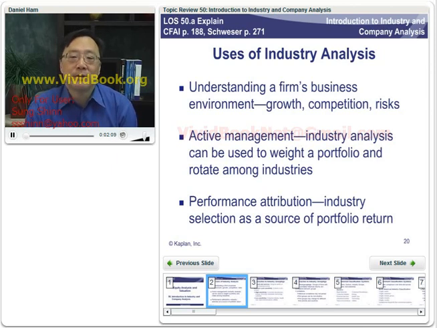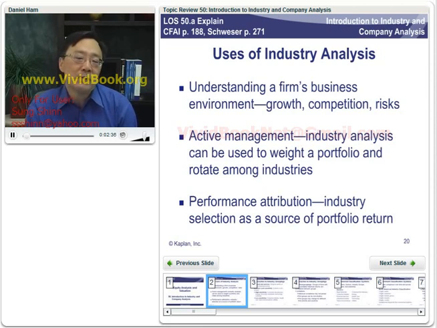Second use of industry analysis is for active management. What we mean by active management is that, relative to passive management, which is indexing, active managers are allowed to deviate away from benchmarking. So decisions made by them can impact portfolio returns. You could categorize industries in 2 basic schemes.